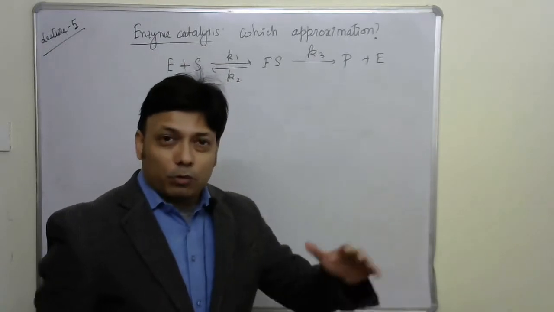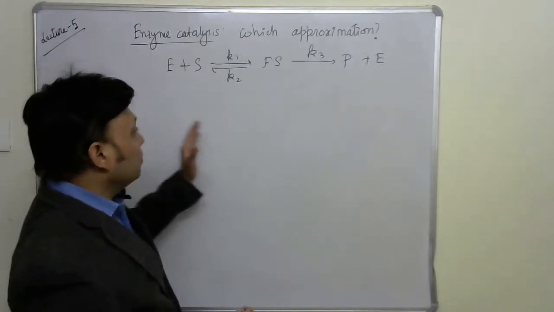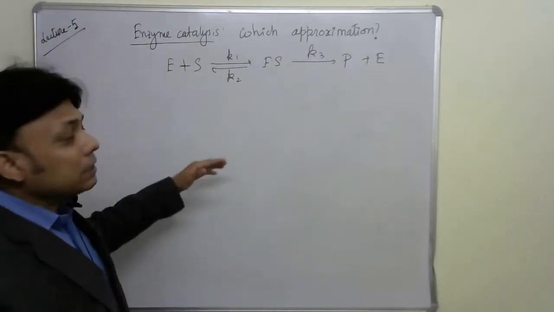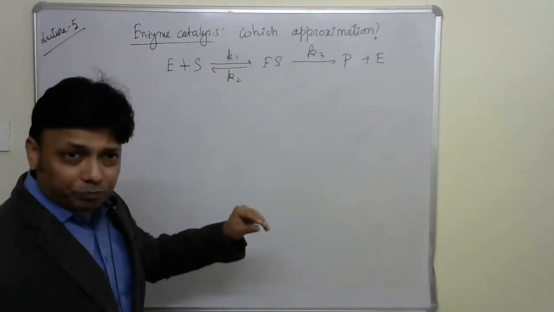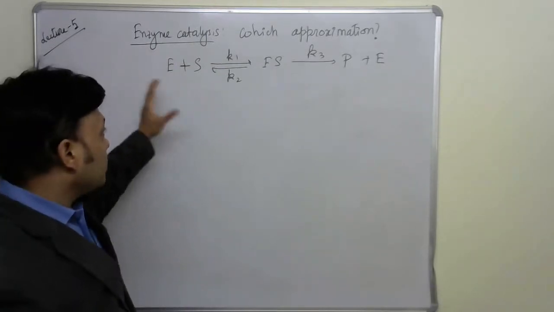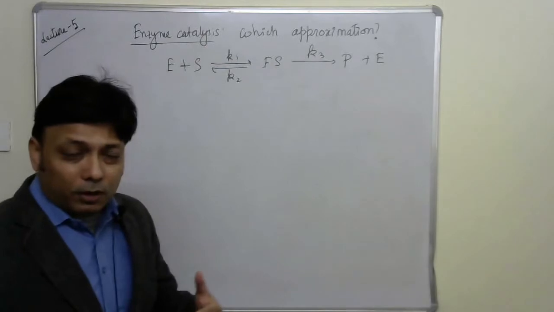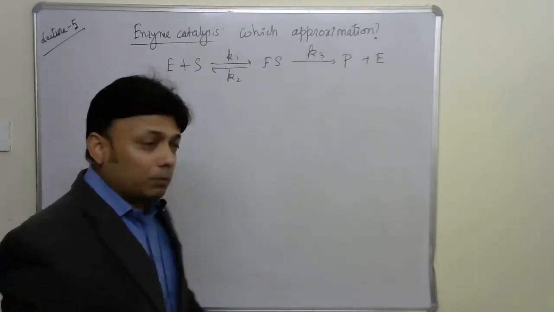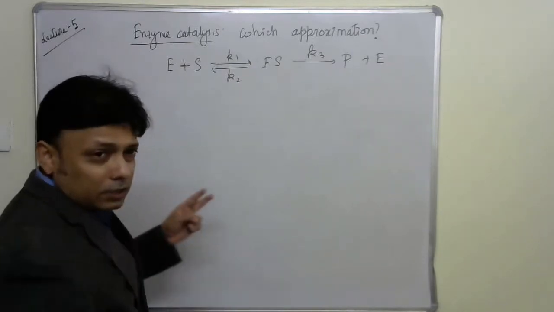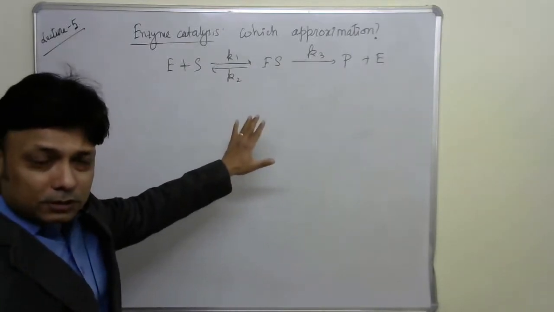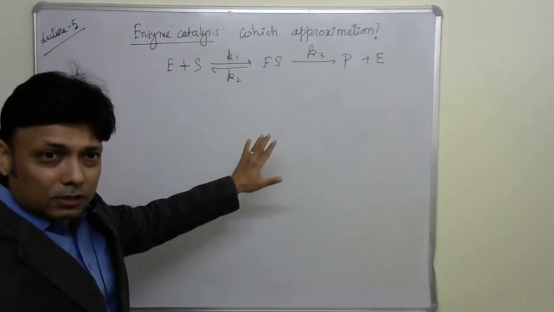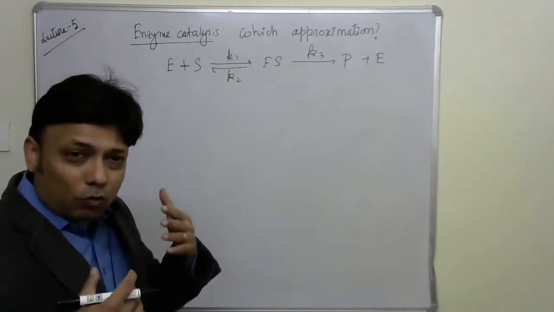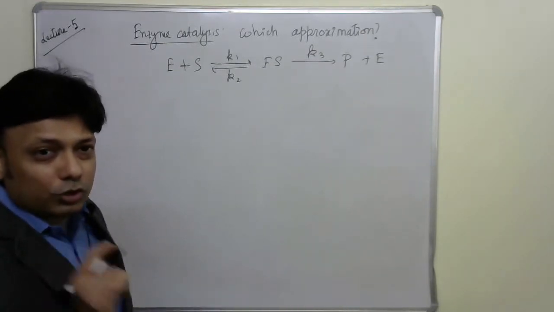I hope now you remember the case that we discussed in lecture number 4, that when such a complicated scenario appears, we may consider either one of two approximations. Now the question is, for enzyme substrate catalysis, which approximation should we follow?